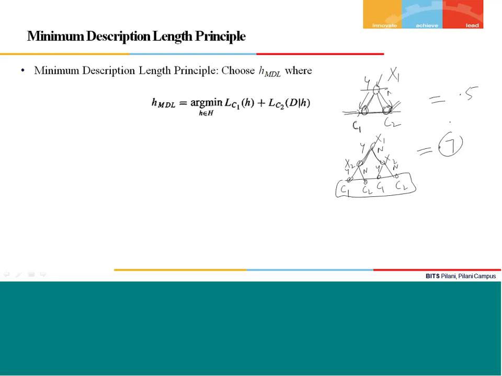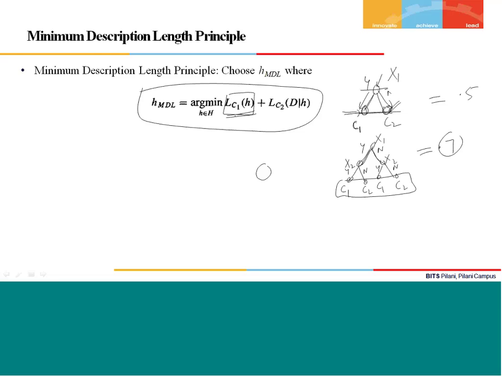So when I have a decision tree, I want the decision tree to be short. I want to choose the decision tree using this expression. This is my hypothesis, right? I want the decision tree to be short, because a short tree will minimize this expression.